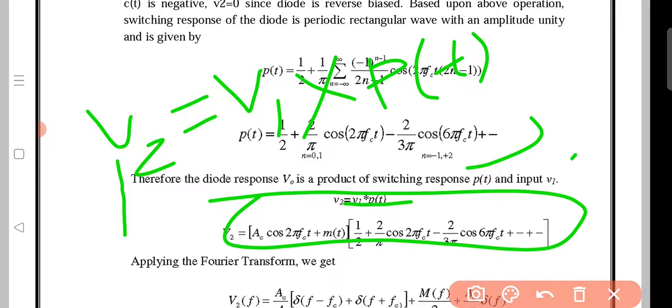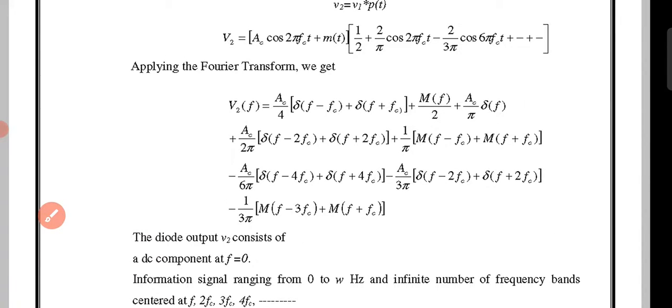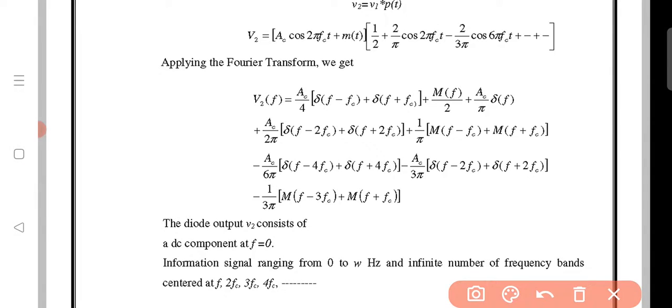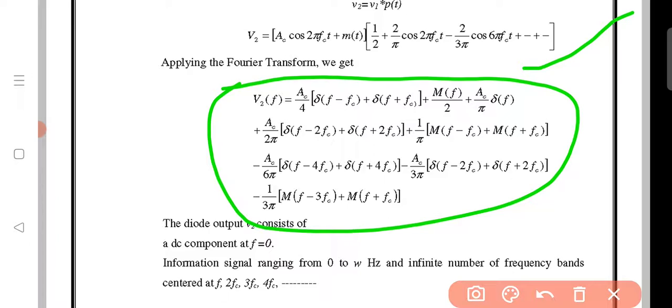By applying the Fourier transform to this equation, it becomes as shown below.